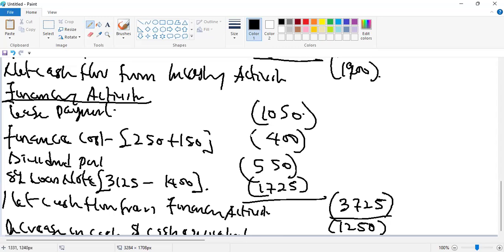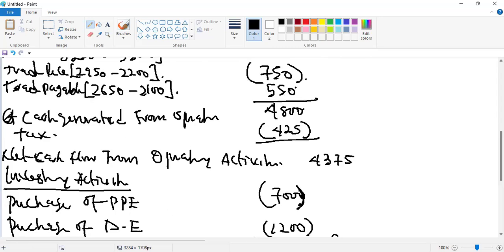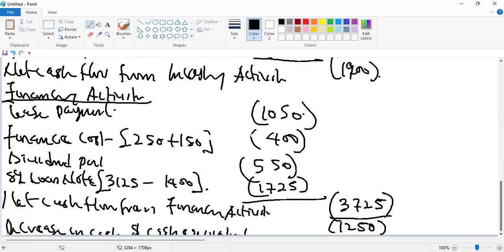So I'll go and do my cash equivalent at the beginning and at the end. What is the cash equivalent at the beginning? Beginning 13 bank. Then at the end 50. So if I put 13 here, will it give me 50? Cash equivalent at the beginning. That is it.